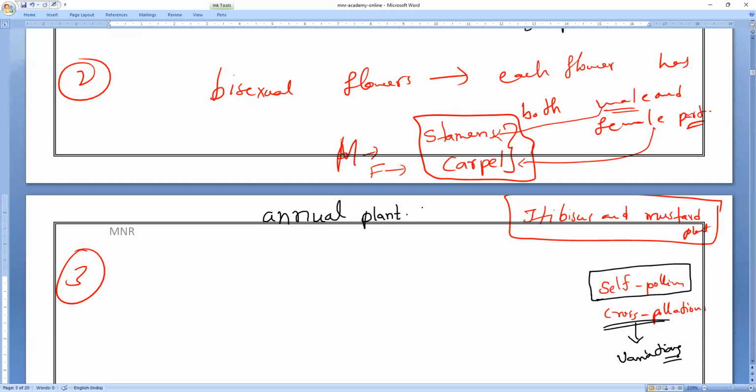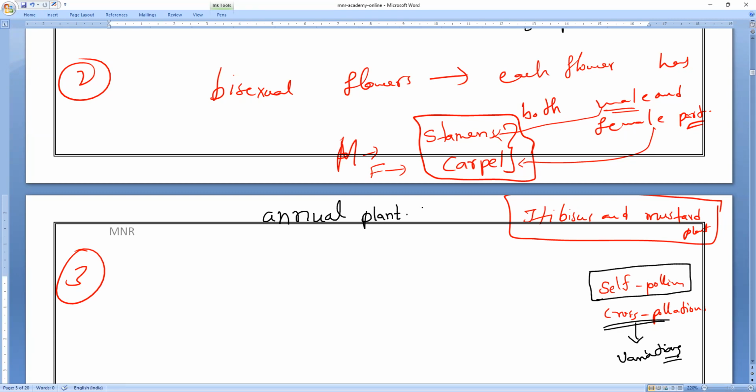Seasonal plant? Remember, annual plant means it is not the seasonal plant, or basically annual means used to study what?